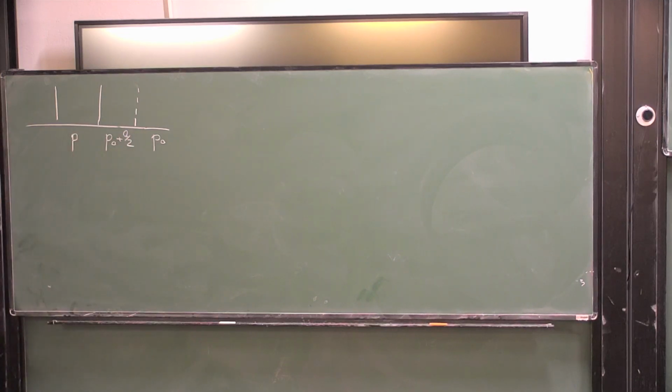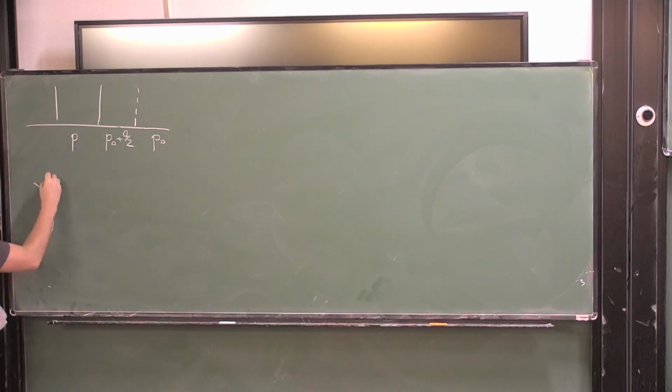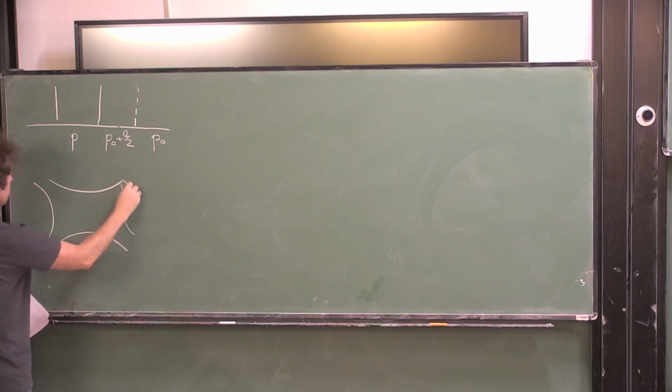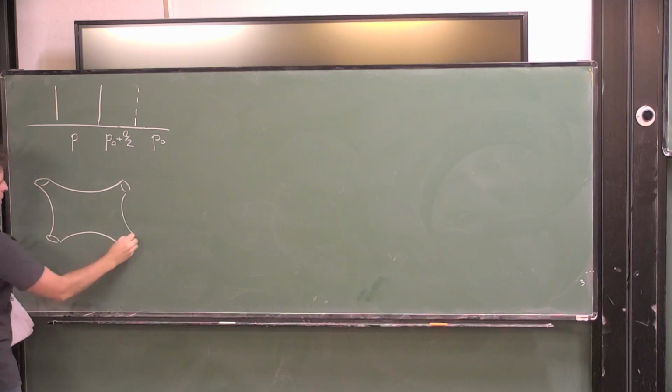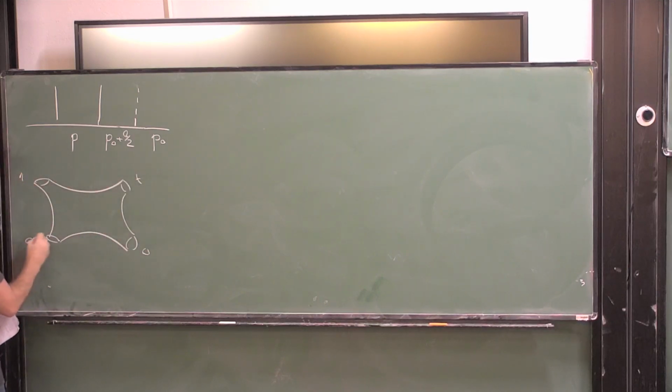Let me put here some P. And then let us try to compute the monodromy of this object. So we have 0, t, 1, and infinity.